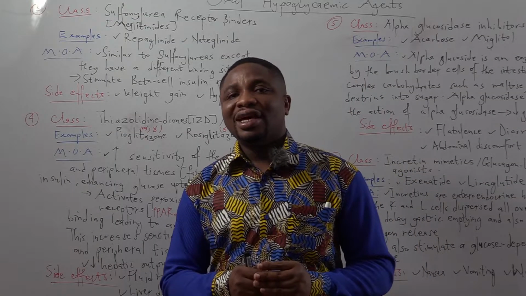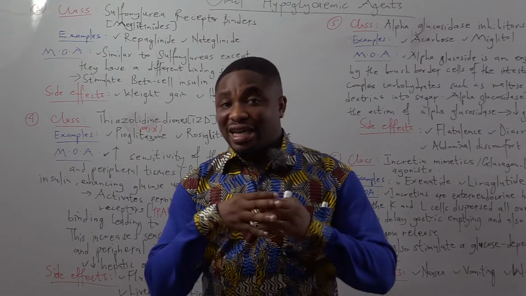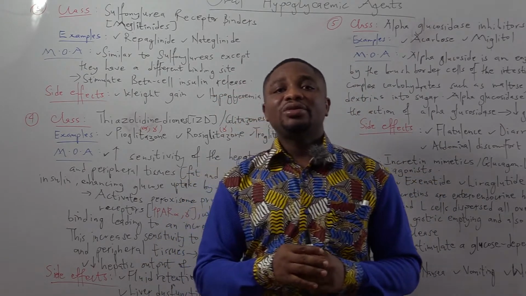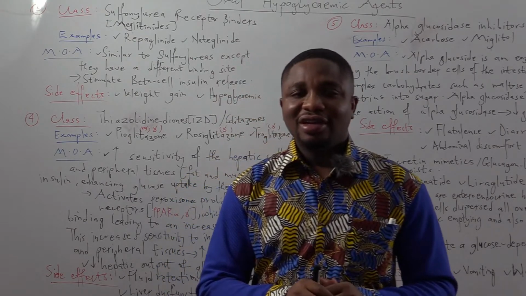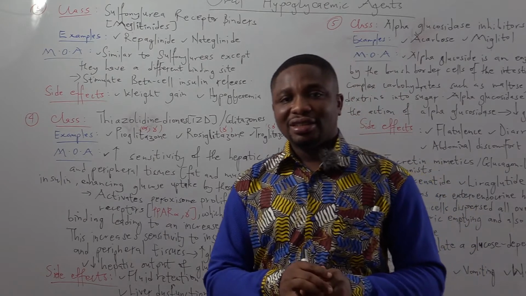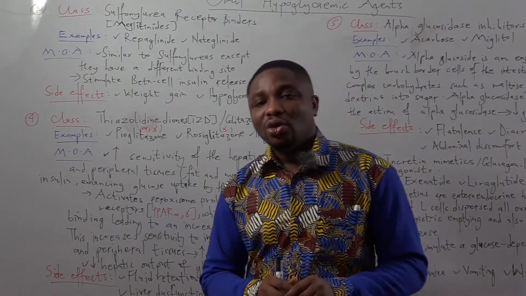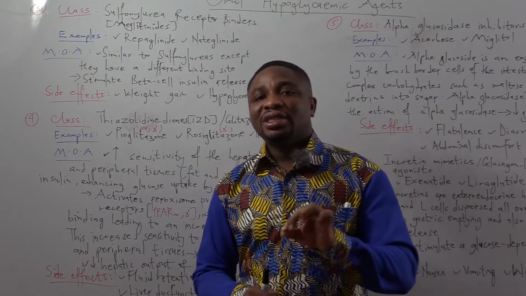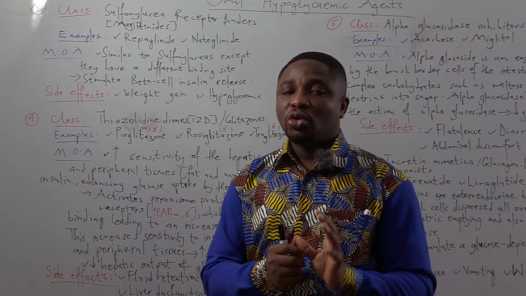Another mechanism of action of the thiazolidinediones, which is a minor effect, is that they also decrease hepatic glucose output. Now, let's move ahead and look at the side effects. We can think of fluid retention, fractures, which are going to be pathological fractures secondary to osteoporosis.